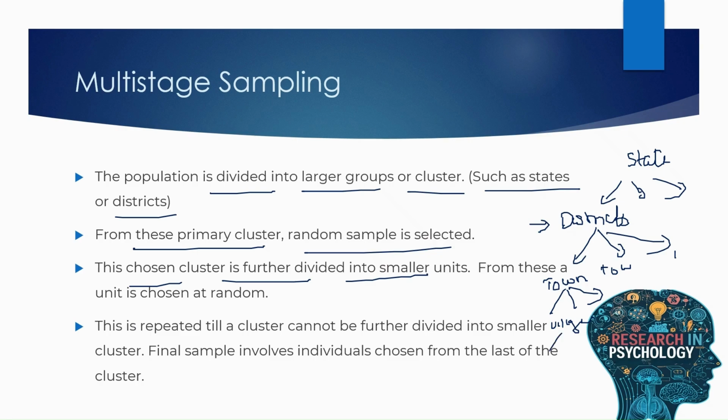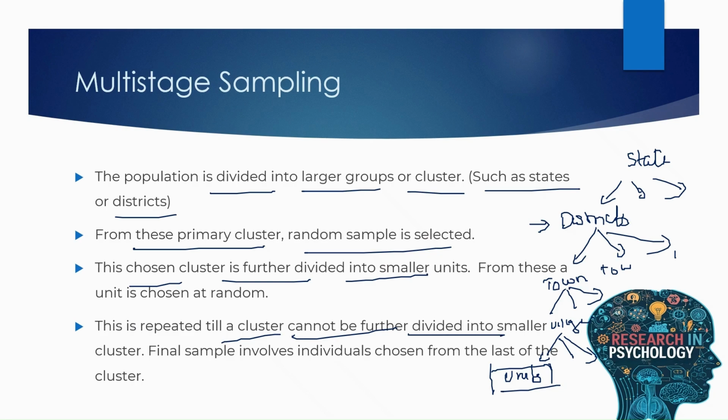Within the village also, maybe we can choose further units based on any characteristics, or if there are different residential clusters in the village, we can choose those residential clusters, or maybe a community staying in a village. Okay, so this is repeated till a cluster cannot be further divided into a smaller cluster.